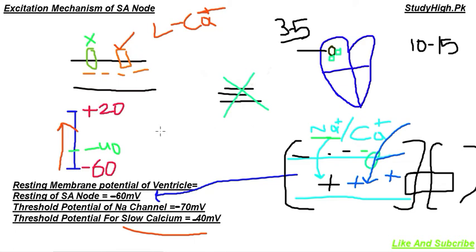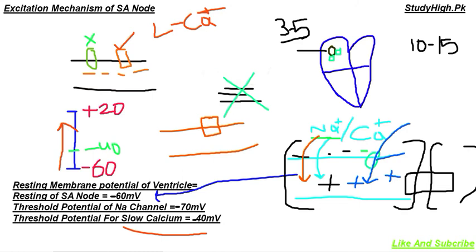So in the cell membrane of nodal cells, the first thing is the movement of sodium and calcium ions into the cell, which is the natural leaky nature of the cell membrane of the node. When its inside potential reaches -40, the L-type calcium channels present in its cell membrane will open.